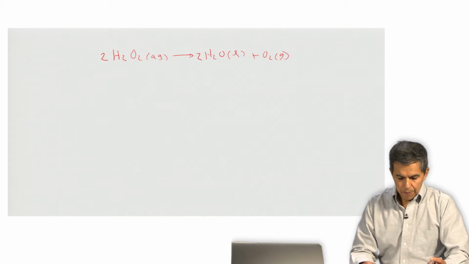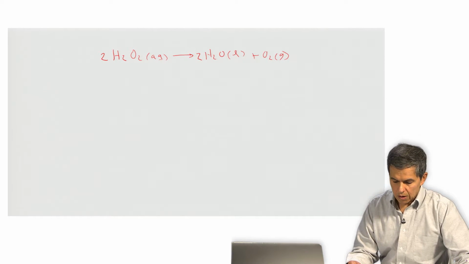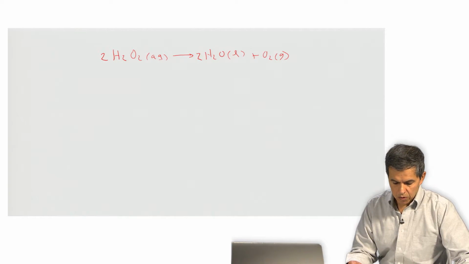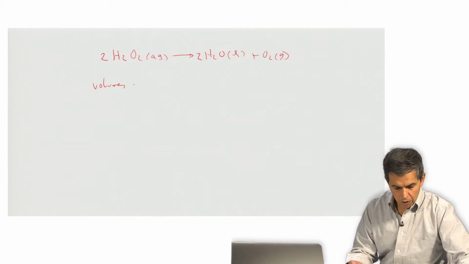So the next thing we have to do is to try to figure out how much oxygen gas is being produced. So here we have 20 volumes of oxygen gas.